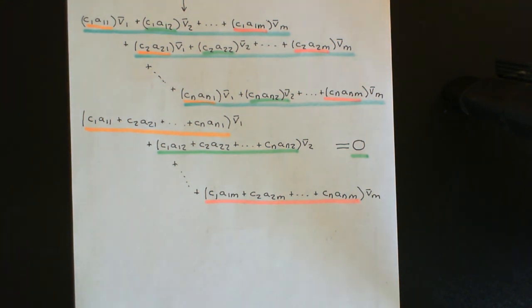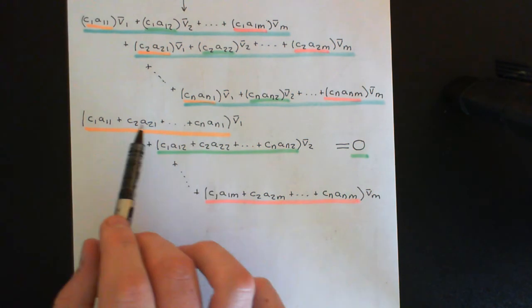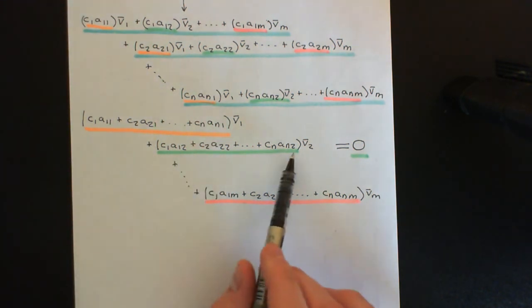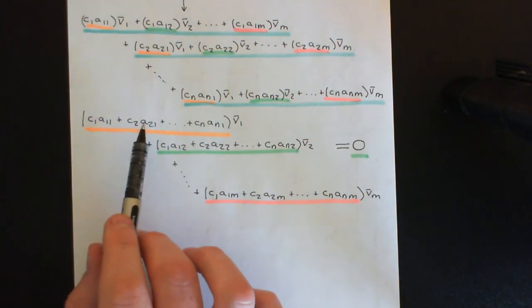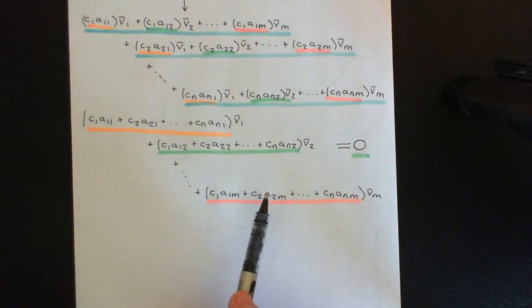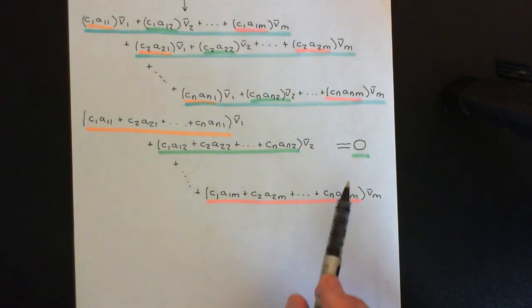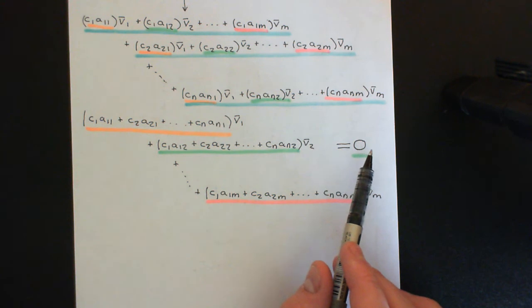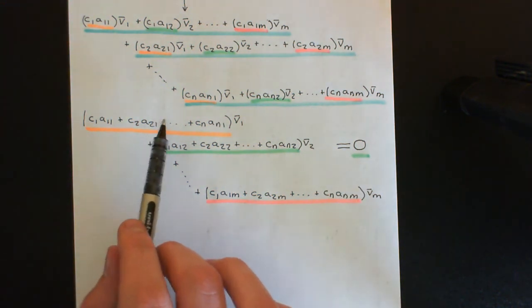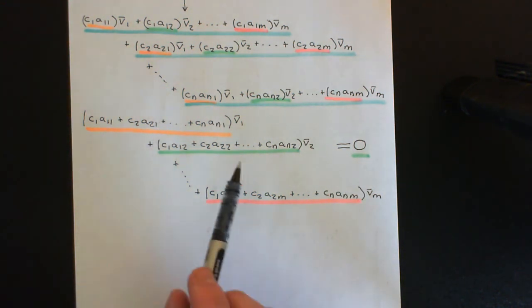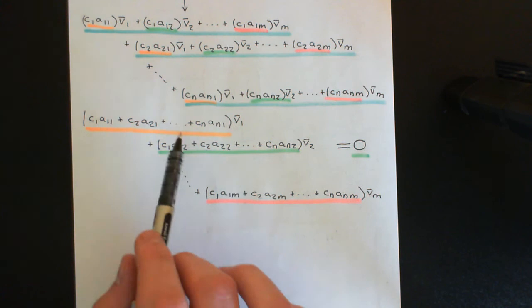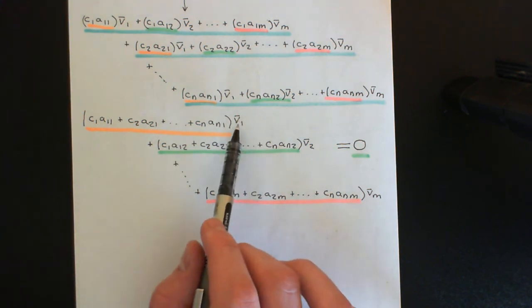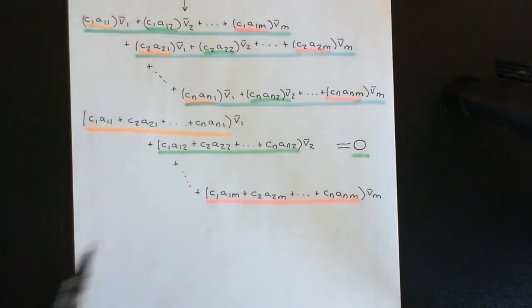Okay, now, a way for this to be true is if all of these coefficients that I've got are equal to 0. So if this thing is equal to 0, if this thing is equal to 0, if all of them are equal to 0, then it will be true that this side will equal the 0 vector. Now you might say, but isn't it possible that there are other solutions? Isn't it possible that we could find another way that we could take a linear combination of v bar 1, v bar 2, all the way up to v bar n that would give us the 0 vector?